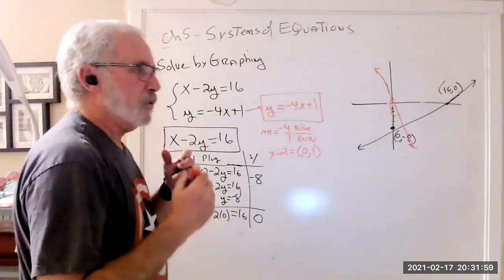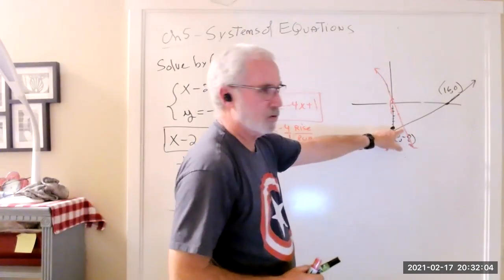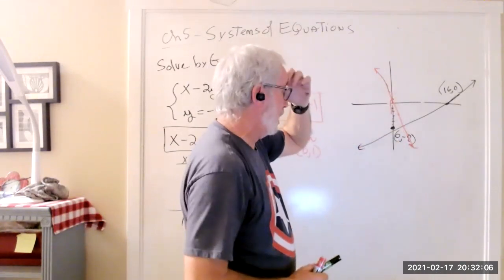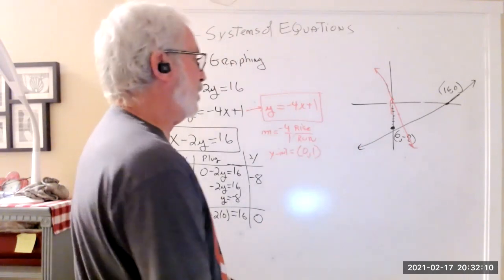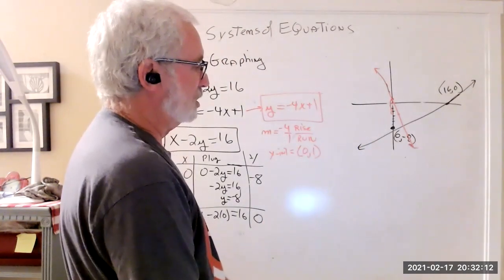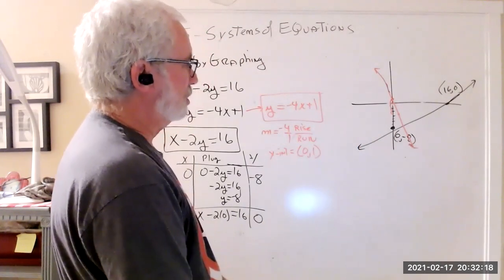The answer is where they cross. Where do they cross? Anybody have a guess at where they cross? Negative 8 and 2. Well, look at this.